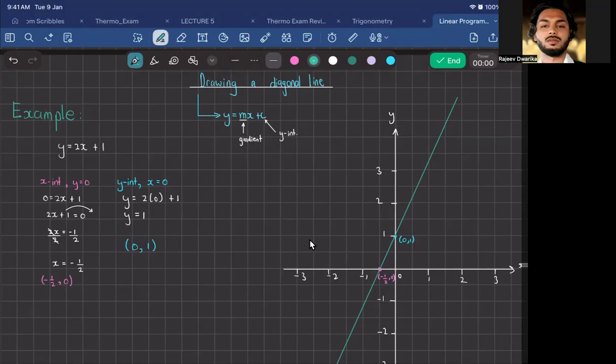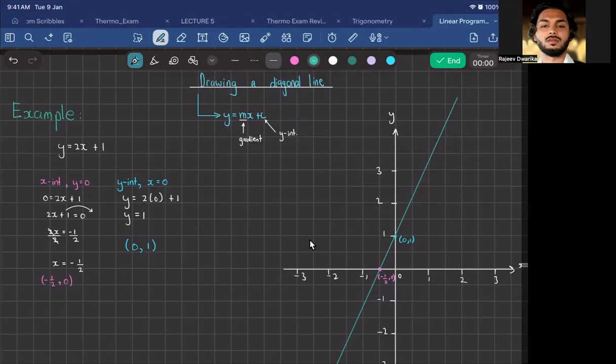So Perseus, you there? Yes, sir. All right, so Perseus, tell me, how many points do we need to draw a line? 2. And what 2 points do we typically find? The x-intercept and the y-intercept.